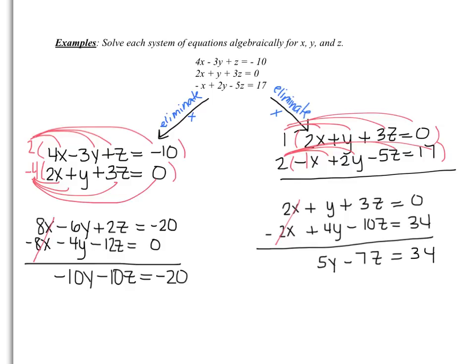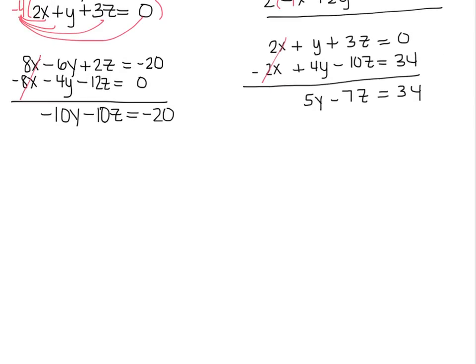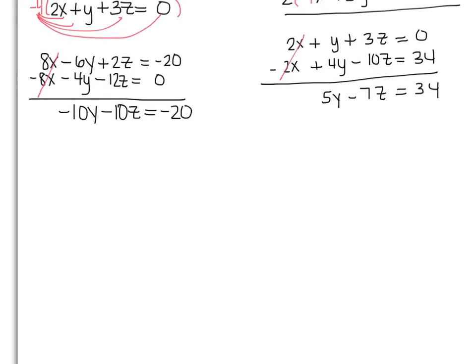Okay, so just to recap, we took the first two equations, solved the system, got a new one. We took the last two equations, solved the system, got a new one. Now what we're going to do is take these two new systems that we just got and combine them, and have our own system.